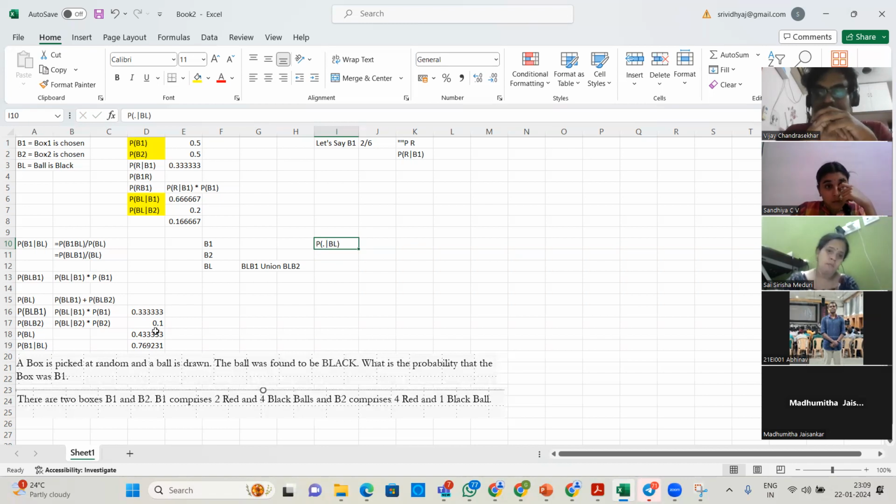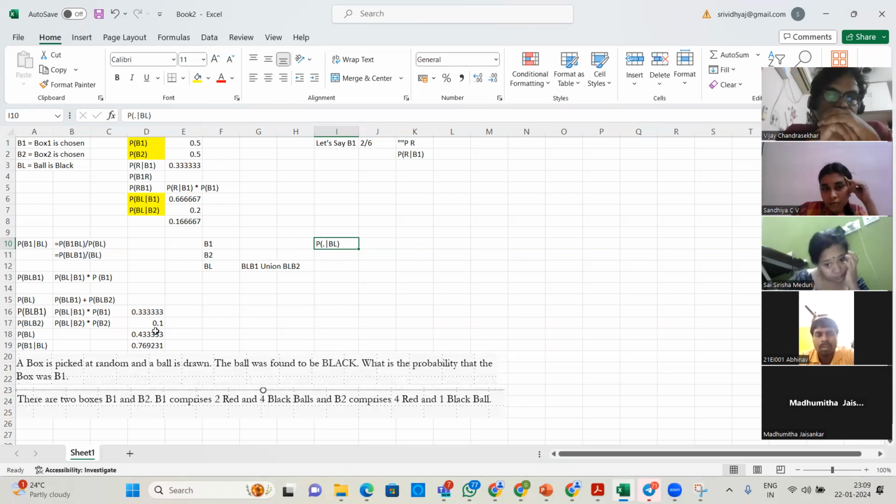Given BL, which means given that the ball is black, I am calculating a probability function. Now, can somebody tell me what are the outcomes for which I'll calculate this probability function? How many outcomes are there in this case?